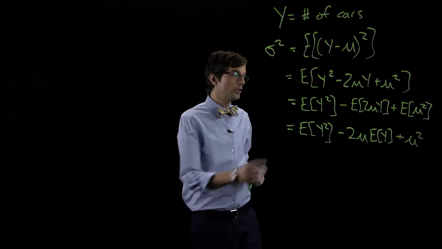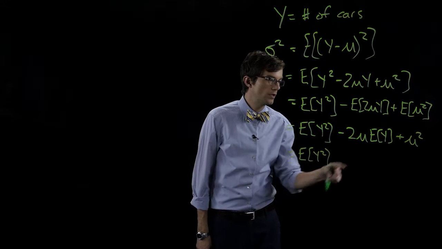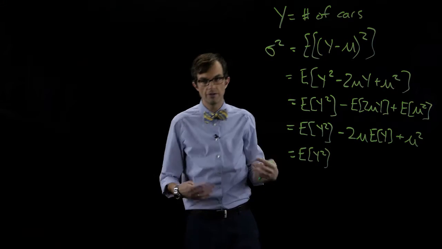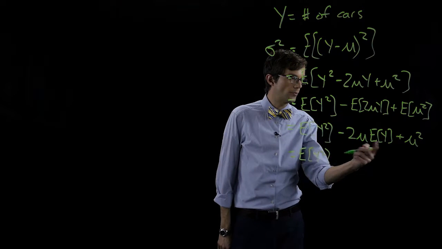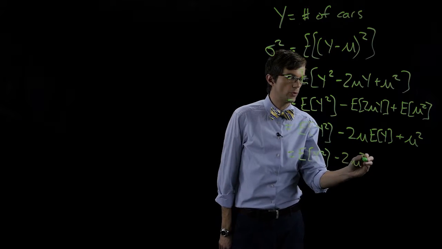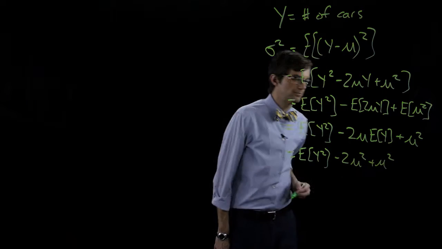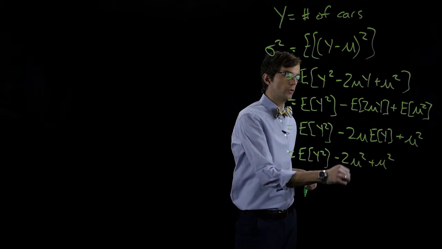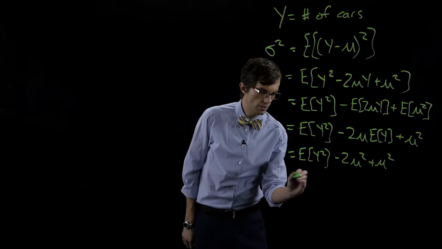Okay? So now what do we have? We have the expected value of y squared. We have 2 mu times the expected value of y. What's the expected value of y? Mu. So we've got 2 mu times mu, or 2 mu squared, plus mu squared. Okay? So what do we get here? Negative 2 mu squared plus mu squared. That leaves us with negative mu squared.